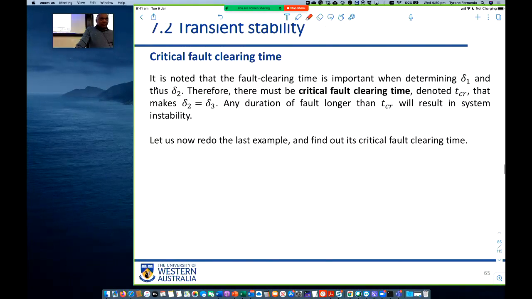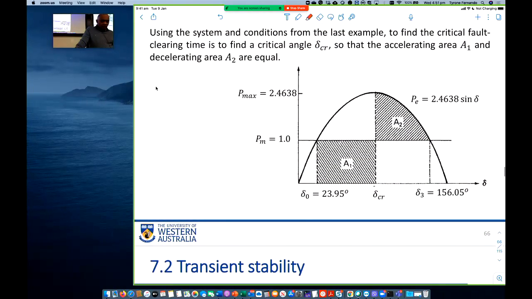So there is something called critical clearing time, which I talked about. This is delta naught, the initial stable operating point. This is the critical angle. So it's cleared when the angle delta is the critical angle, and the critical angle is defined so that A1 is equal to A2, and your A2 is such that it actually reaches this point delta 3.